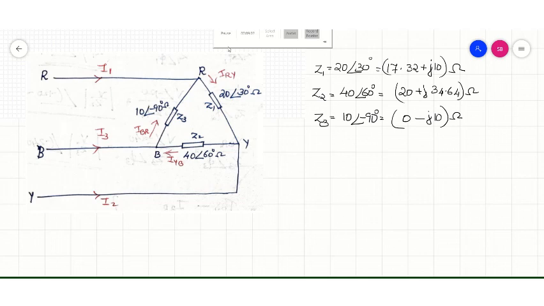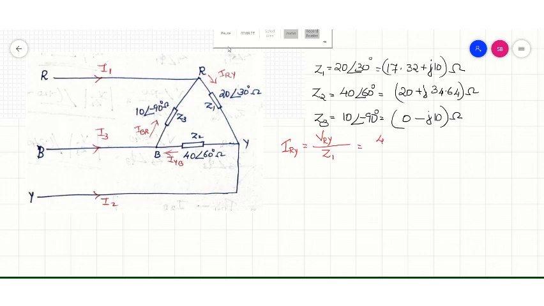Now let's write the current equations for the phase currents. The phase currents are IRY, IYB and IBR. Now let's first consider IRY. VRY divided by Z1 equal to, here we are considering the RYB phase sequence.